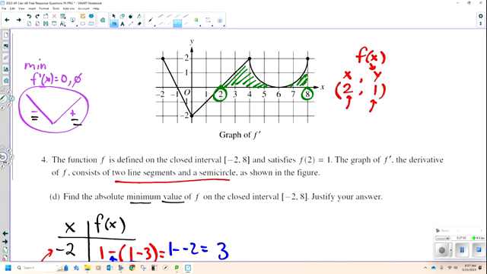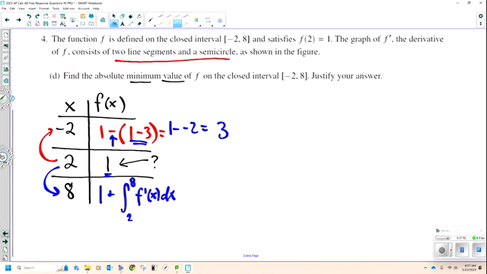This will be a positive value. That's not a negative value. Positive area here, positive area here. Don't sit there and try and do triangles and subtract this. That's crazy. So if I have 1 plus some positive value, that will be bigger than 1. If I add anything to 1 that's positive, it will be bigger than 1.